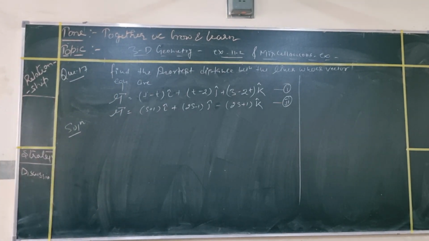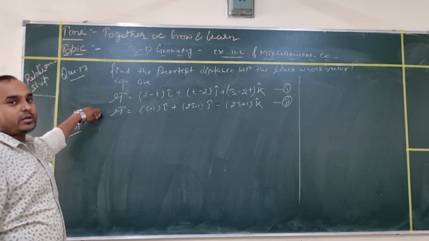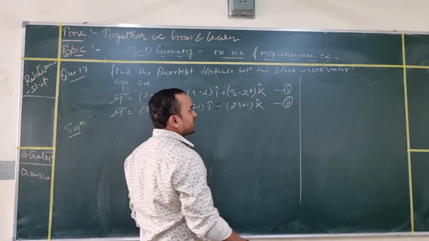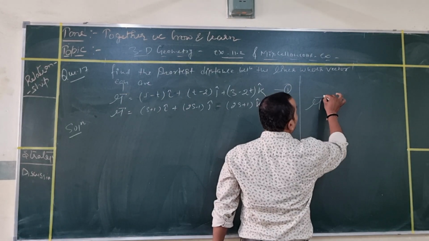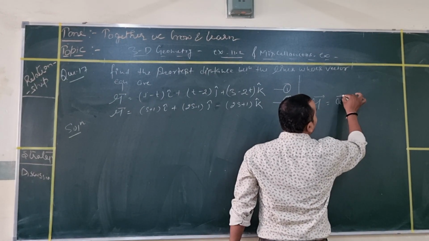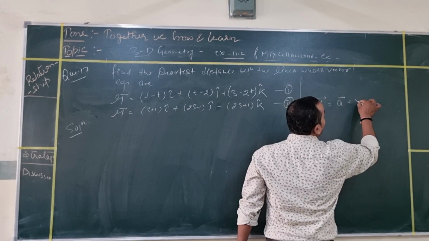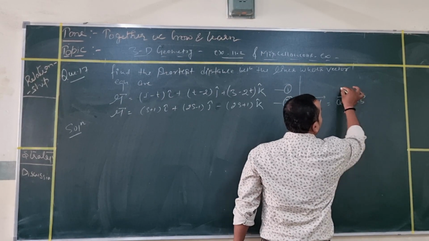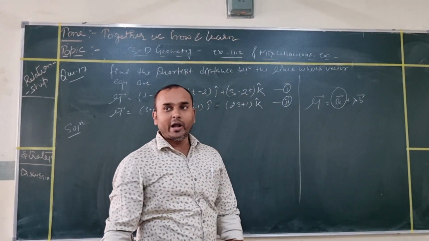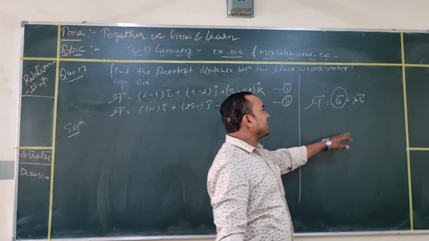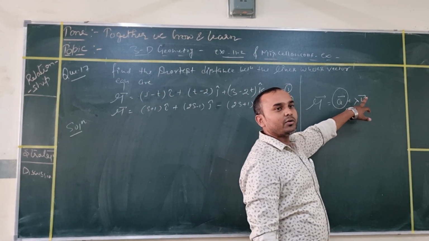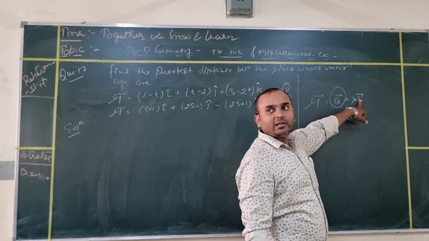Now we need to convert these two equations into the standard form of a line. What is the standard form? r vector equals a plus lambda times b vector, where a vector is a point vector and b is a direction vector.